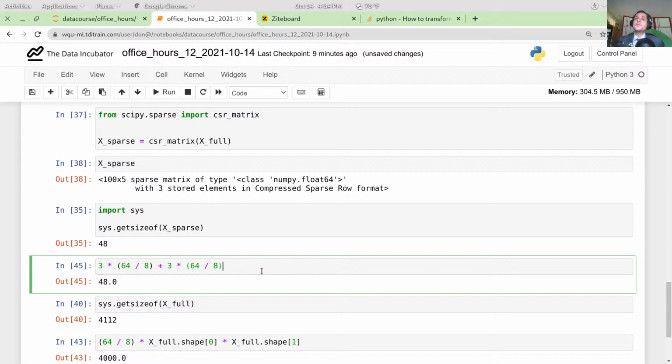Now my question to you is, what would happen if I were to center that data set? If I were to center my sparse matrix, what do you think will happen?